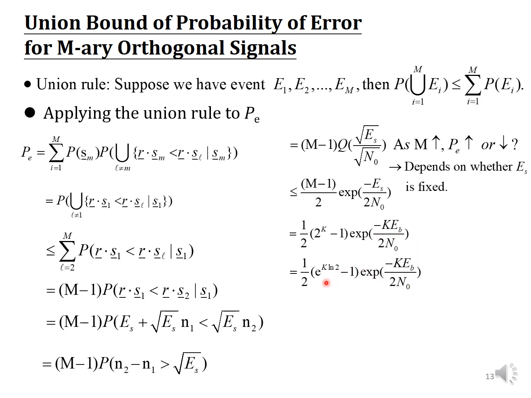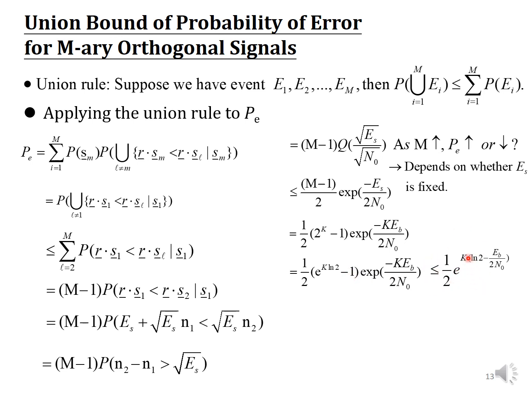If we just keep this first term and drop the second term, this minus 1, then this upper bound is less than just the first term, because the first term has this exponential that combines with this exponential here, and we drop this, so it's less than this term.